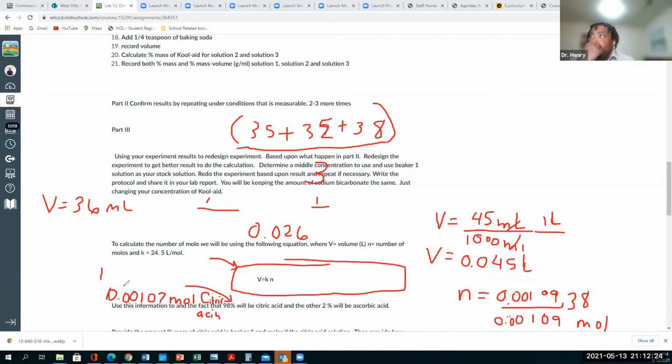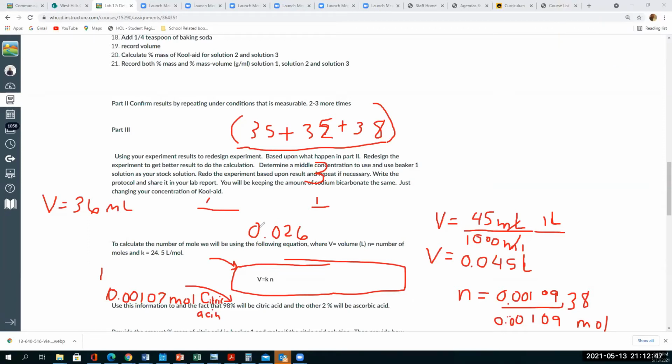So for instance, did you use a dilution for your number? Was this your second solution, or was it the main solution? That was the average of the three. Okay, but was it solution one, or was it solution one that had been diluted? Yeah, it was solution one.